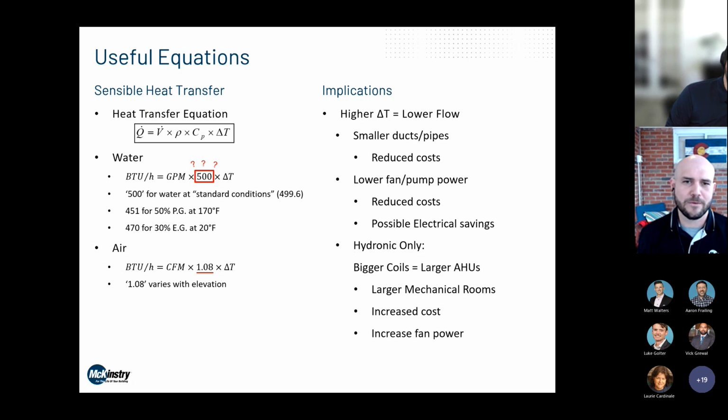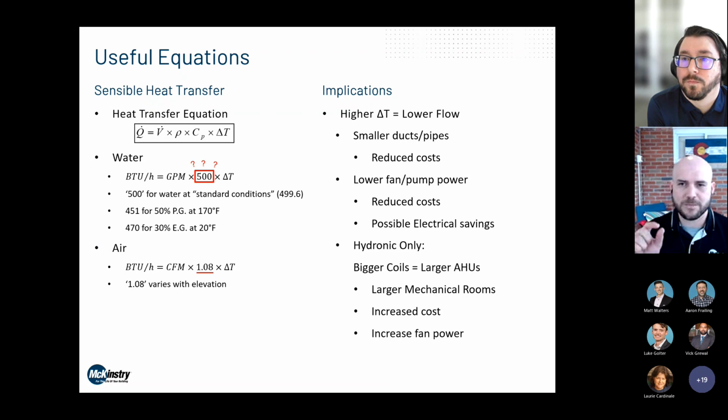And in so doing, larger coils are going to cost more because it's more material in the air handler, but they're going to have higher pressure drops, which is going to be more resistance that the fans or pumps have to push through. So there's an increase in fan power, which is more energy consumed.